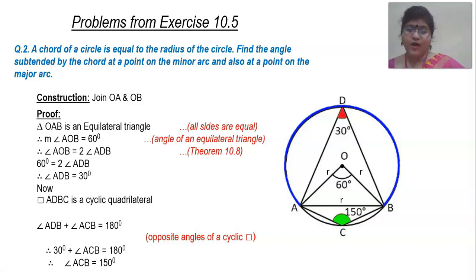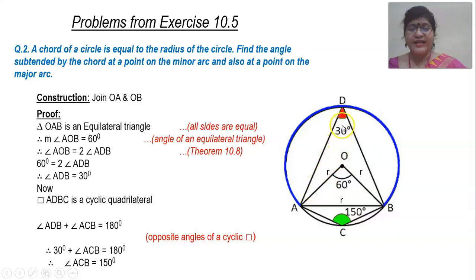Now you need to find out what is the measure of the angle in the major arc. So that is angle ADB. And you have learned this in the previous online class, that the measure of the angle at the center is double the measure of the angle subtended by the same arc at any other point on the circle. So this central angle measure AOB, which is 60 degree, is double angle ADB. So the measure of angle ADB will be 30 degree.